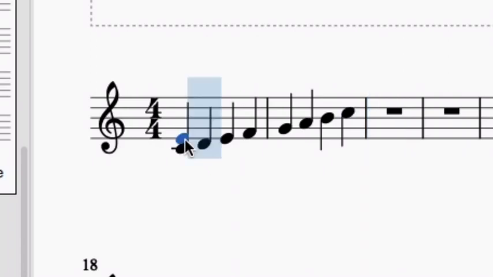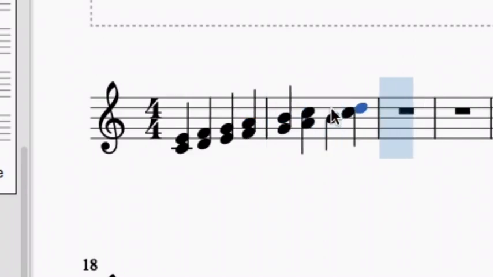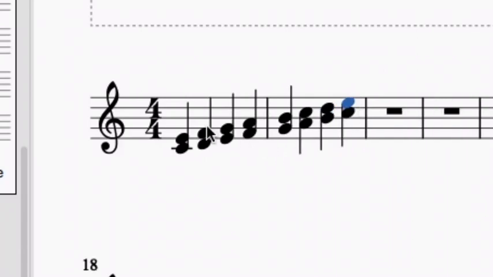And add thirds. Whoop. Let's fix that. And now add fifths.